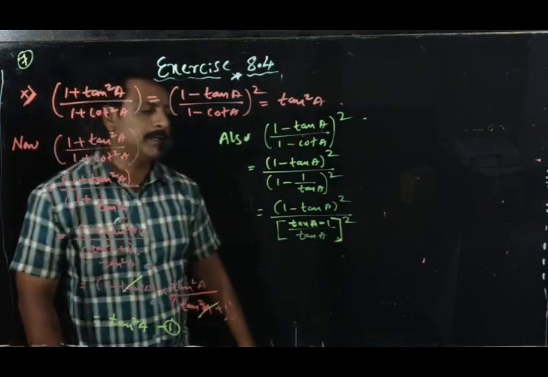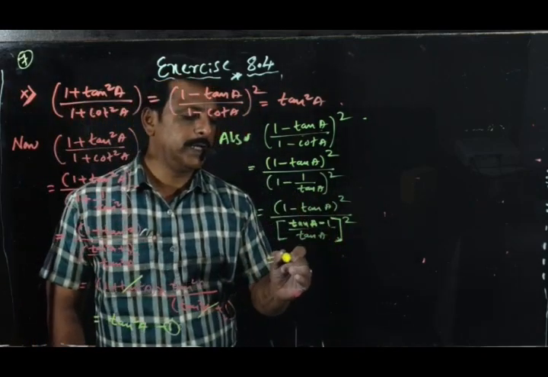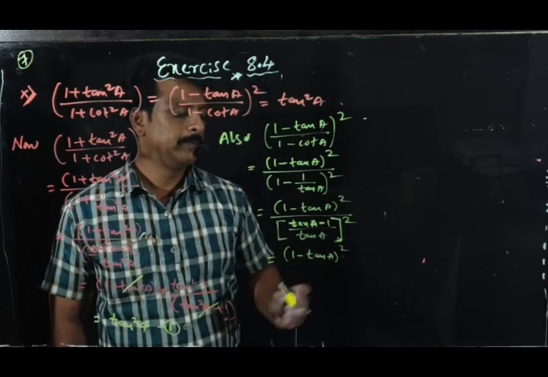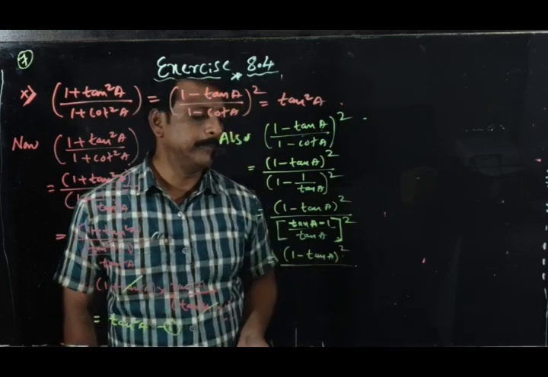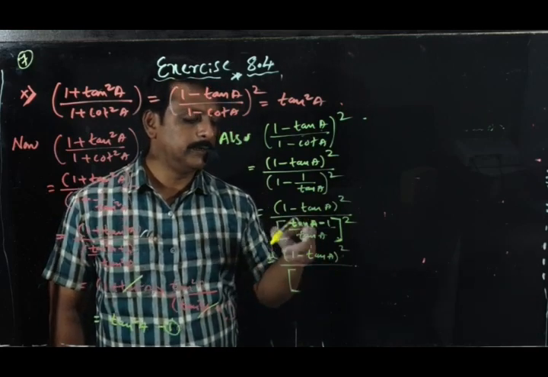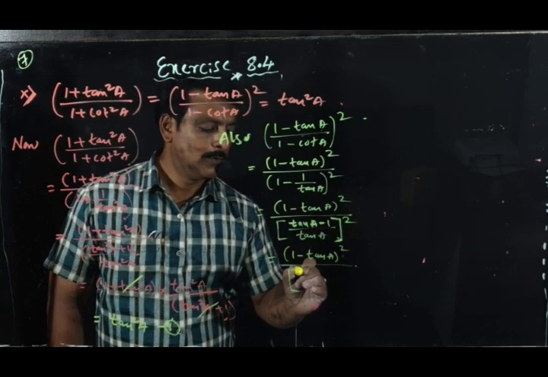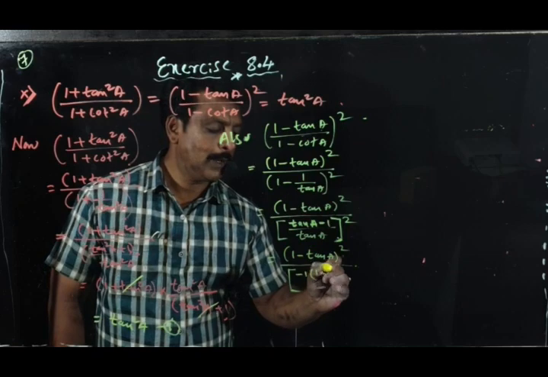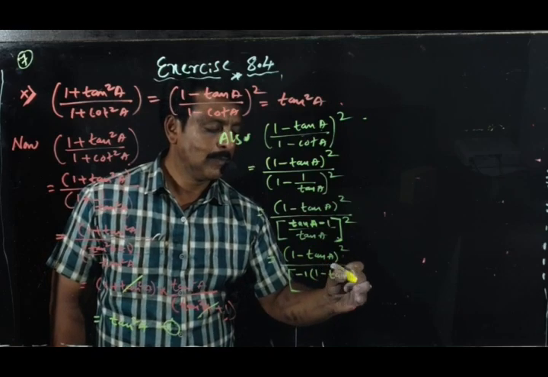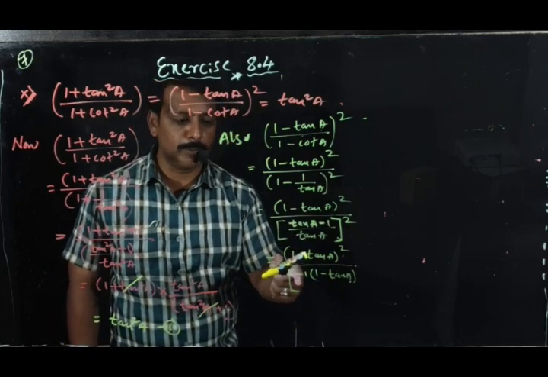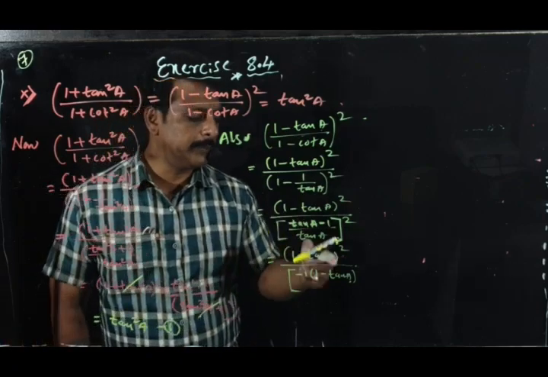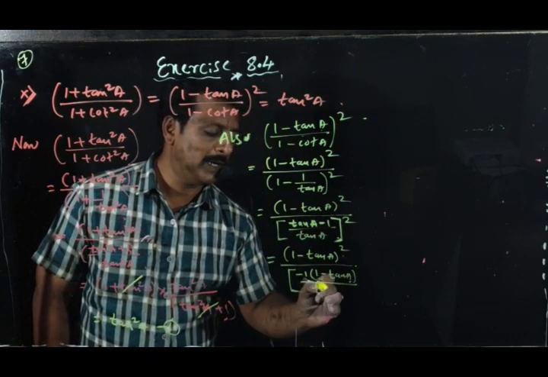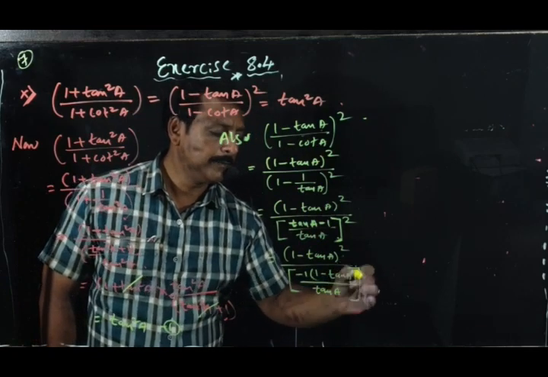Sir, both are same, sir? No, sir. Numerator you keep as it is: (1 minus tan A) bracket square. Okay. Whole divided by, I want to make the denominator similar also. So I am taking minus 1 common and I want to write 1 minus tan A. Understood what I did? I have taken minus 1 common in the numerator, so plus tan becomes minus, minus 1 becomes plus, divided by tan A, and it has bracket square.